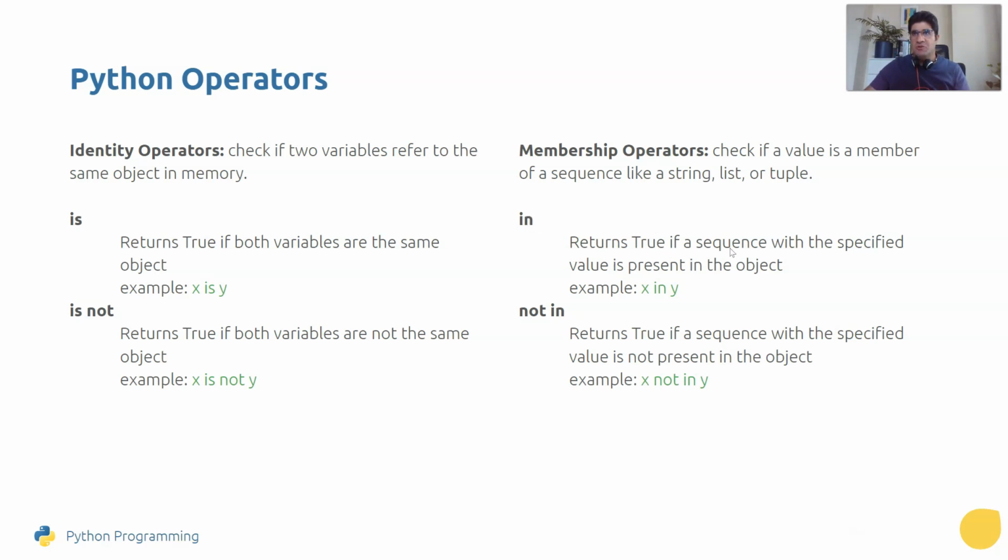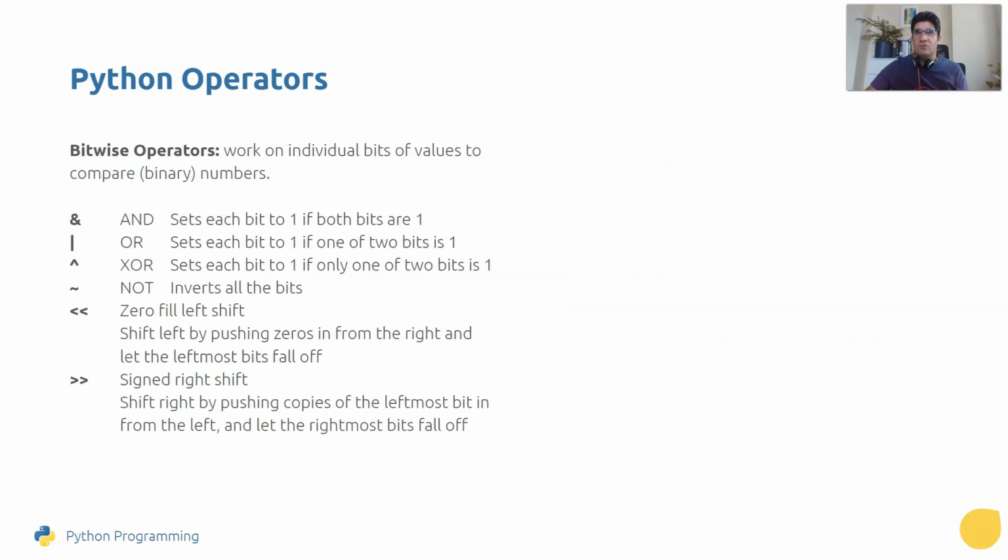It will return true if a sequence with the specified value is present in the object, for example x in y. So we can check if a substring exists in another string. Not in will return true if this value does not exist in, for example, a list or string or any kind of container or those kinds of data types.